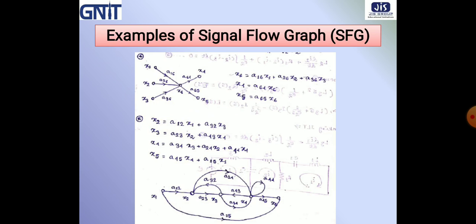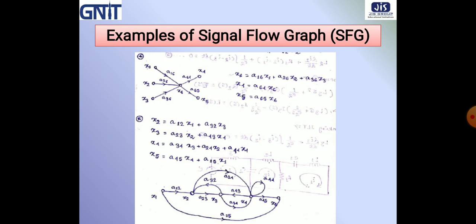Now what will be the value of x2? a12 means the transmittance of the branch which is connected in between node 1 and node 2, that is x1 and x2. So in between x1 and x2, a12 will be there, and x3.